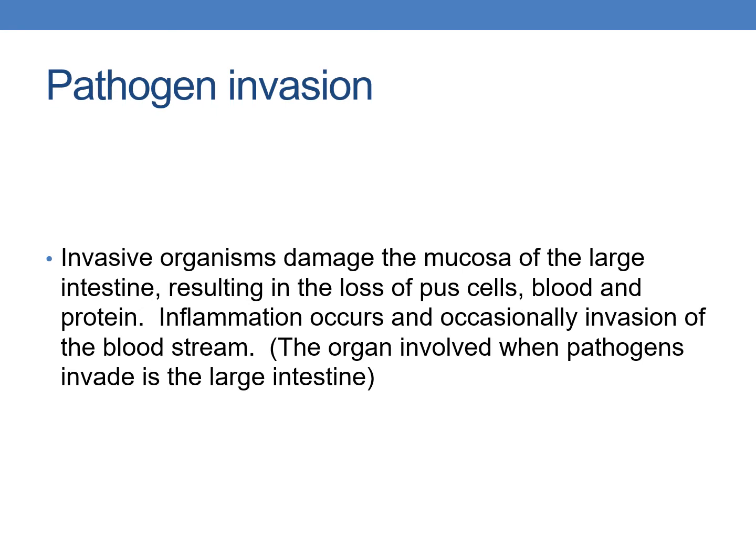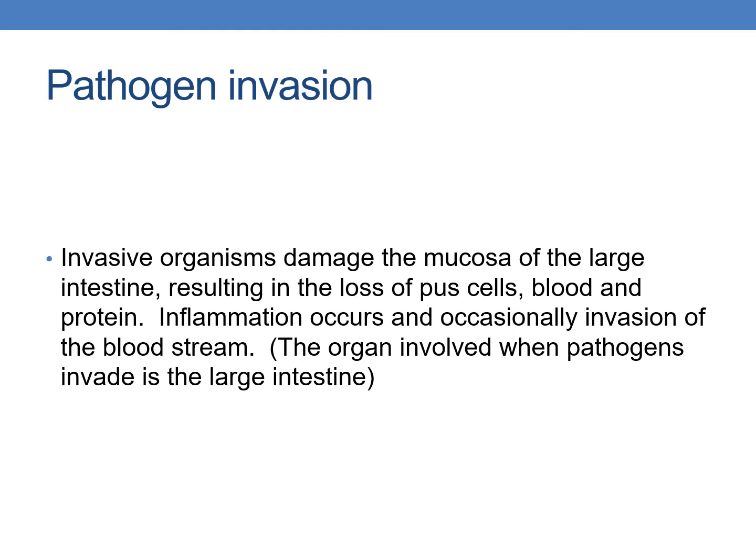Other types of organisms that cause gastrointestinal illness are the invasive pathogens. These are ones that actually invade and damage the mucosa of the large intestine. This results in the loss of white cells and red cells. So you're going to be able to see white cells and red cells in the stool. There may also be protein in the stool as well. Inflammation occurs, and occasionally invasion of the bloodstream starts to occur as well.